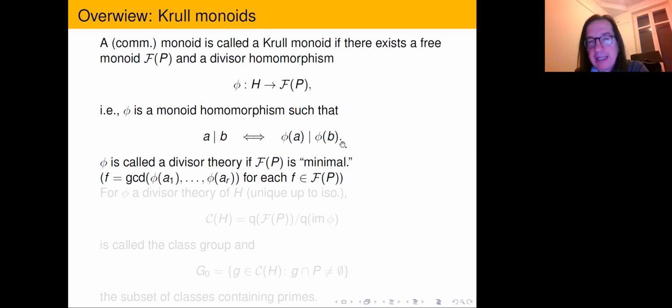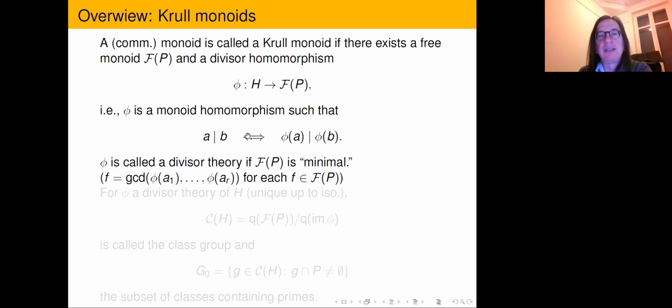Of course, one implication is just the property of a monoid homomorphism, more or less, but the converse is interesting, because it gives the special property to this divisor homomorphism. So you see, if I have one monoid and then I embed it into a larger monoid, I could have more divisibility relations, and the condition is precisely that this does not happen.